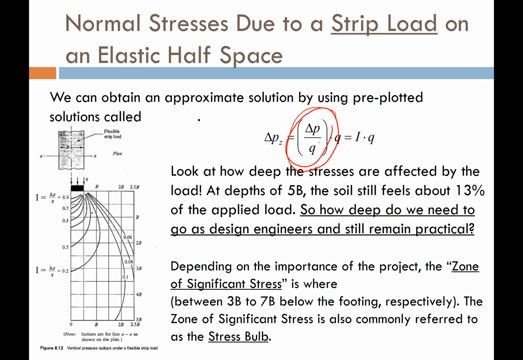It's normalized by the load that we placed on the soil in the first place. So if I just take that ratio and solve for it, we're going to call this ratio I. That's what I call my influence factor.